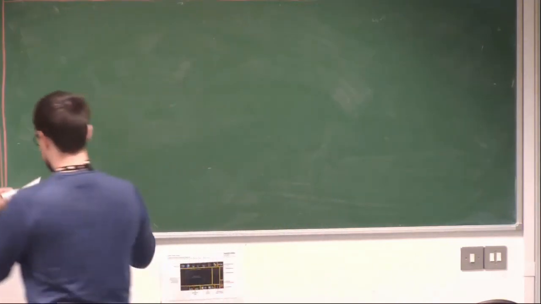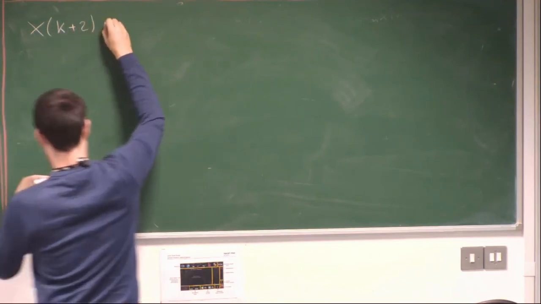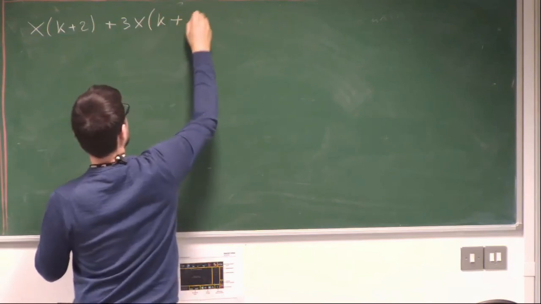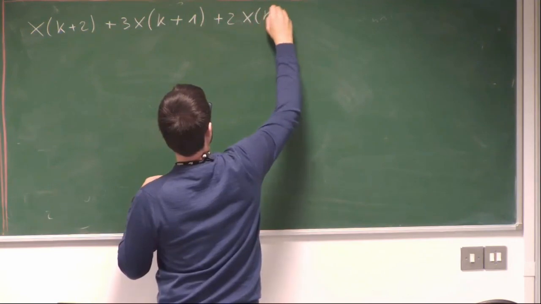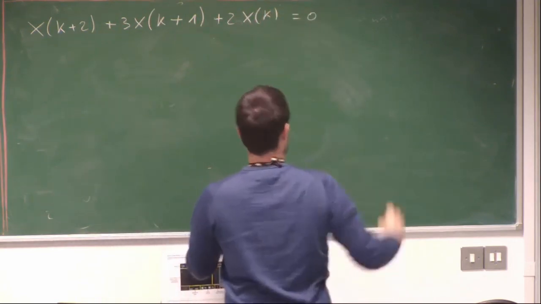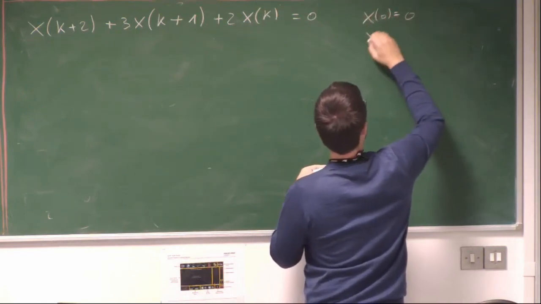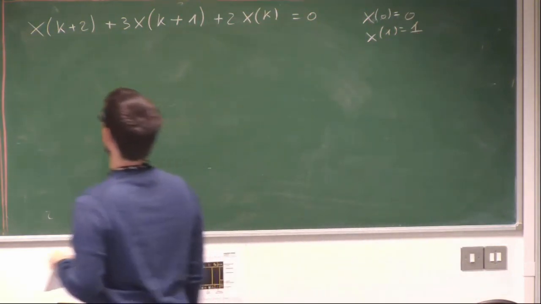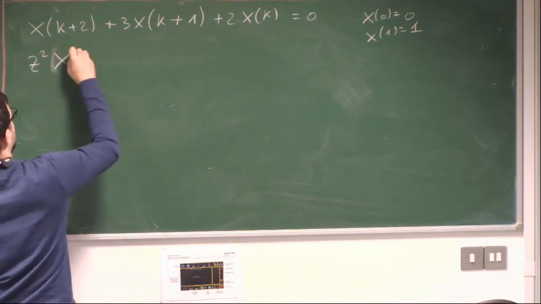So let's do an example. So we have this difference equation. And we know that x of 0 is equal to 0 and x of 1 is equal to 1. So we use the shifting theorem and we get z power 2 x of z.